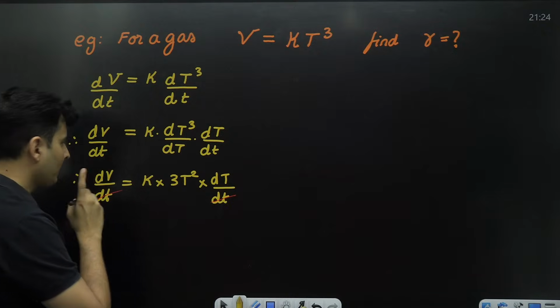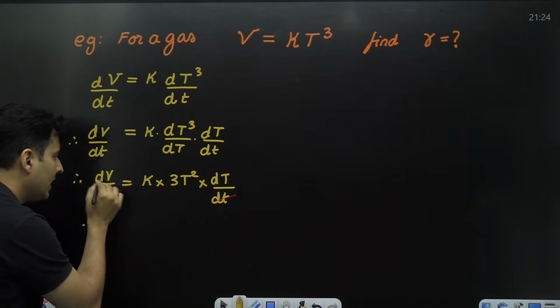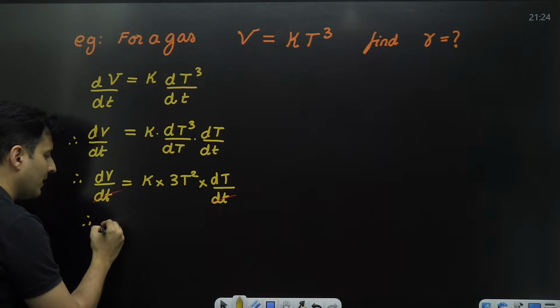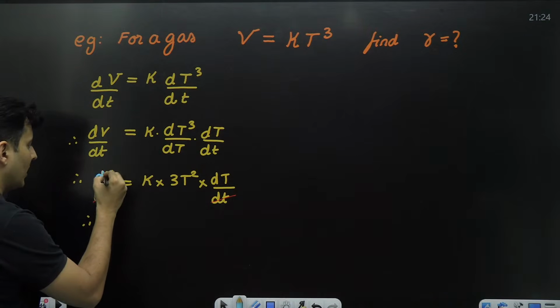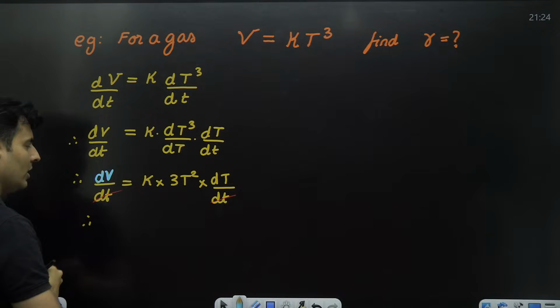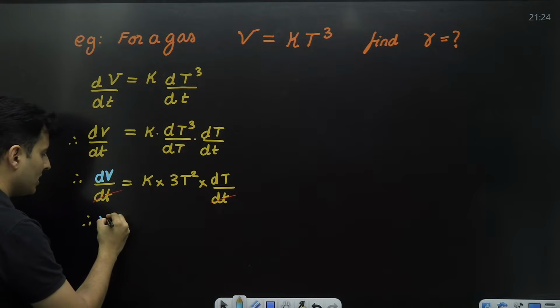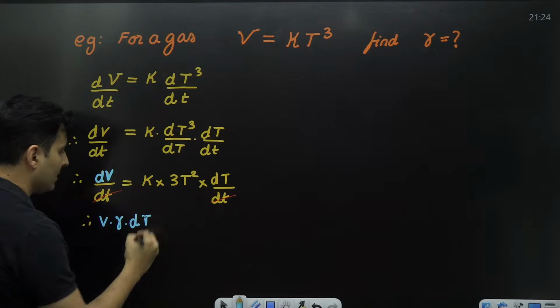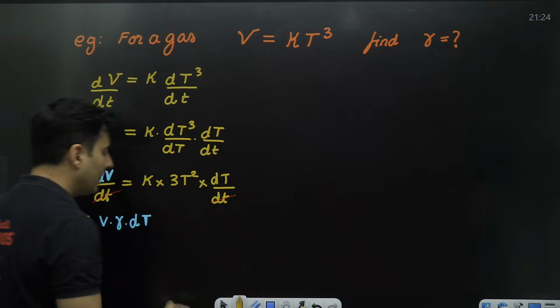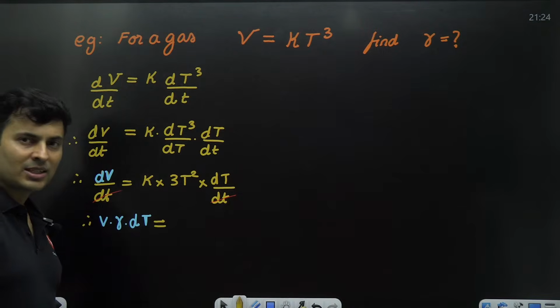Now I have an idea. Observe this carefully, guys. If I had to write the simple change in volume, what would I write? Original volume into gamma into change in temperature. That's what I would write by the definition of volume expansion.